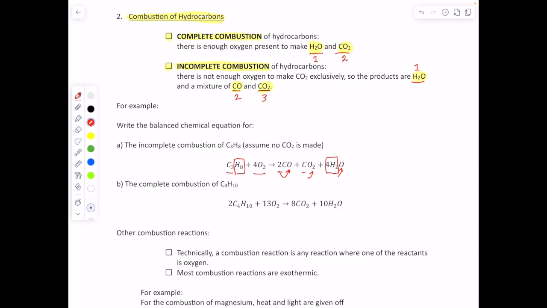For the complete combustion of C4H10, the balanced equation looks like this. 2 C4H10 plus 13 O2 produces 8 CO2 plus 10 H2O.